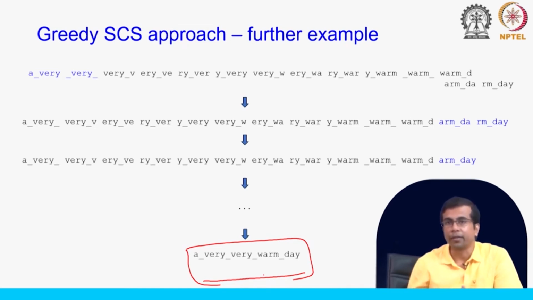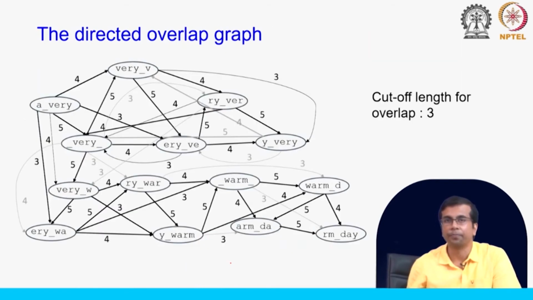We had repeats, the word very was repeated 3 times, but at the end when we assemble these reads we get a very warm day with one very word missing from the reference string. So, you probably understand now: when you are doing this assembly with this approach, the repeats are the culprits. They are causing these problems, and they are not allowing the correct assembly.